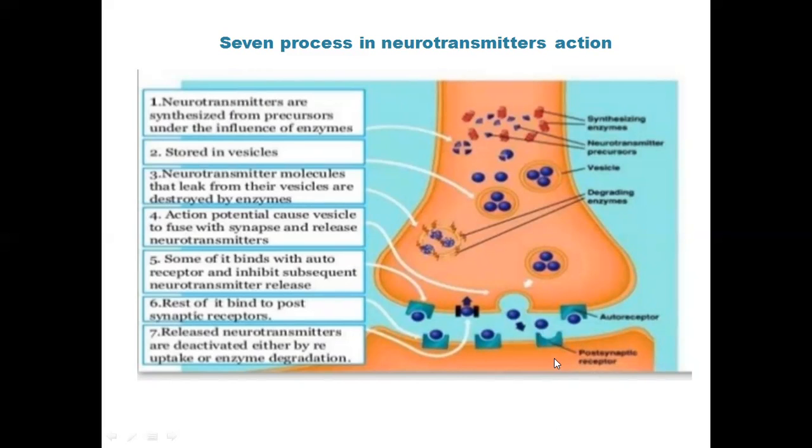Some of them bind to autoreceptors to inhibit the release of neurotransmitter, and some of them go to the postsynaptic receptor to forward the function. After that, the released neurotransmitter is deactivated either by reuptake or enzyme degradation.